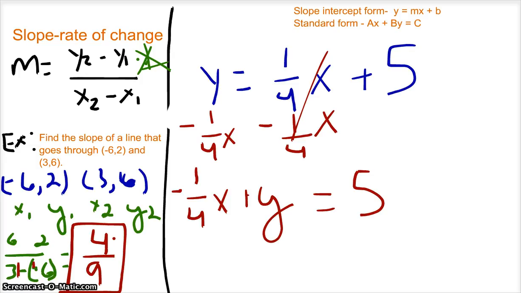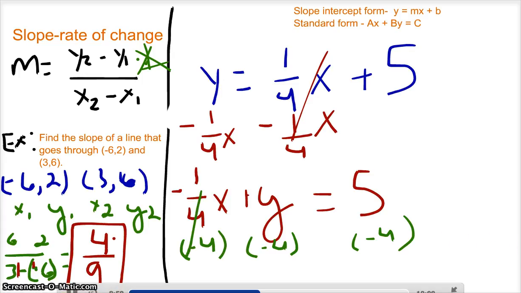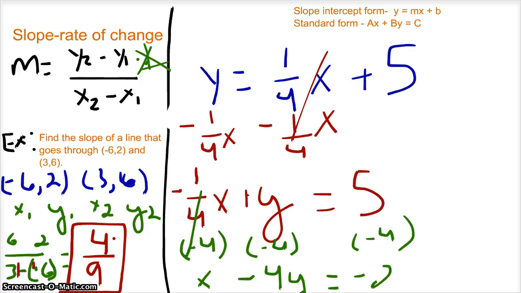I have a fraction in front of x, so I'm going to multiply everything by negative 4. That means this part right here would cancel, so I'm left with x minus 4y equals negative 20. And that would be my final answer.